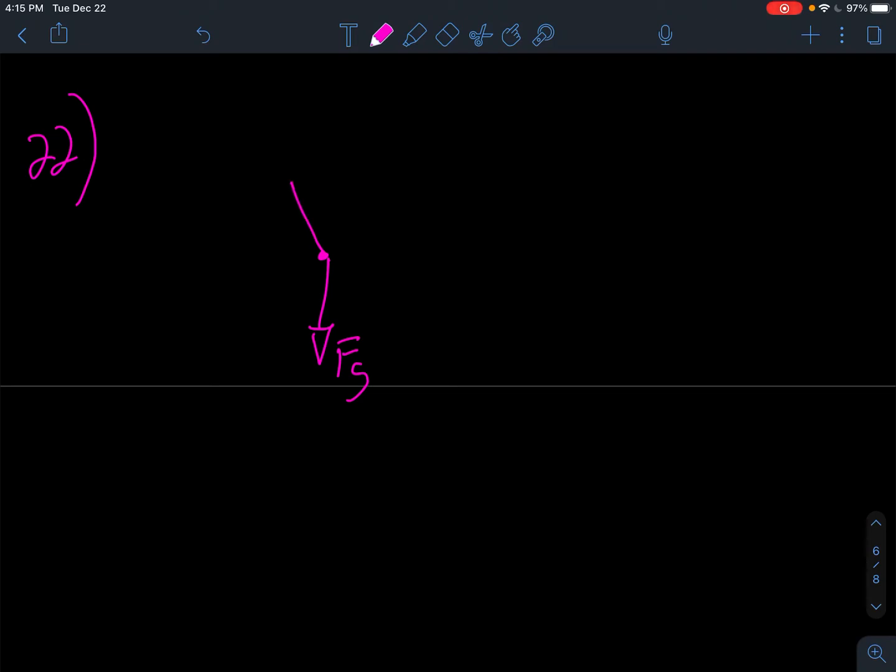maybe your bathroom floor is at an angle, that number is going to be different.